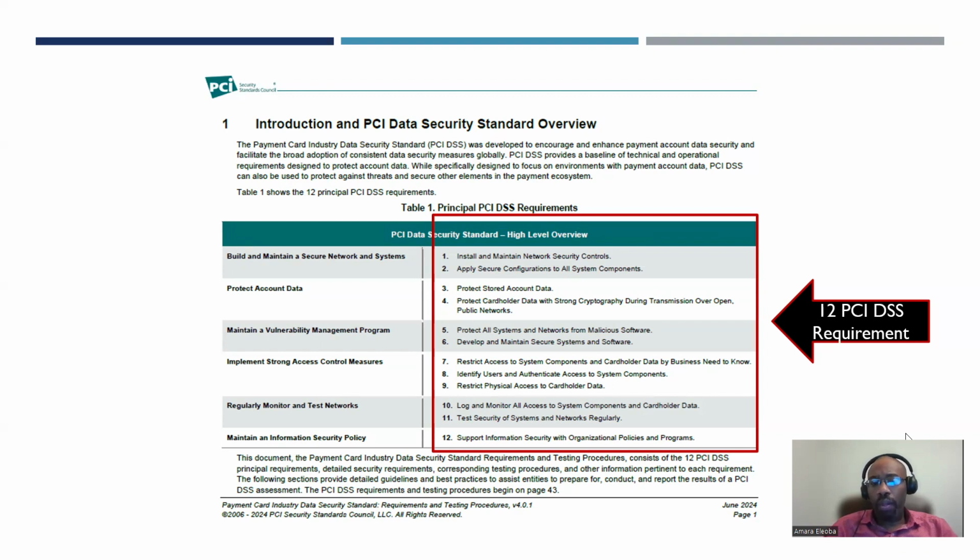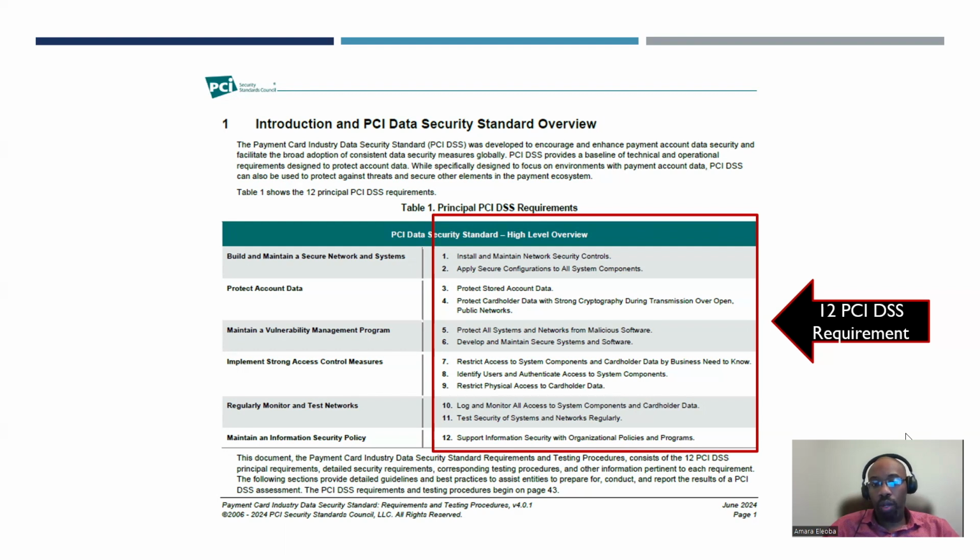Requirement three talks about protecting stored account data. Requirement four talks about protecting cardholder data with strong cryptography during transmission over open and public networks.